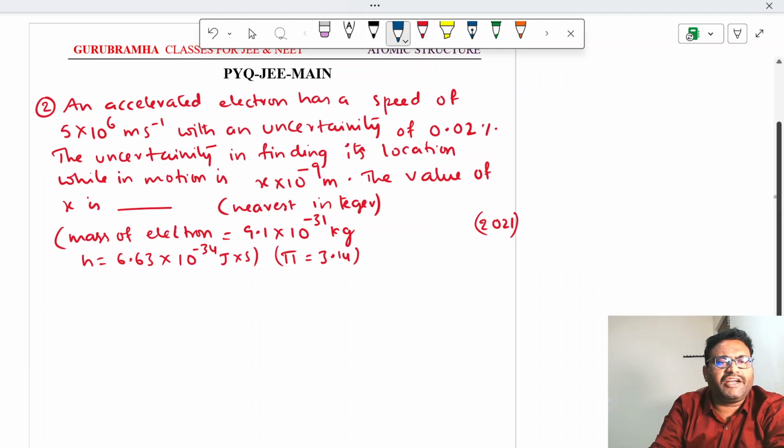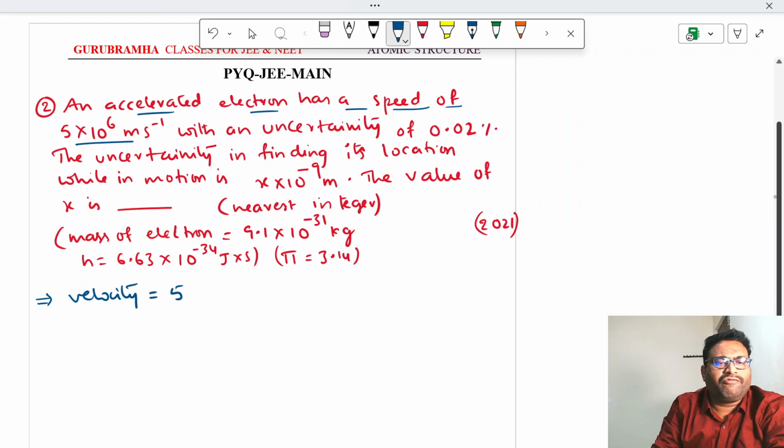Here an accelerated electron has a speed of, so what is given? Speed is given, speed or velocity, right? So we can take velocity is equal to 5 into 10 power 6 meters per second. Here its uncertainty is given. How much percentage? 0.02 percentage.